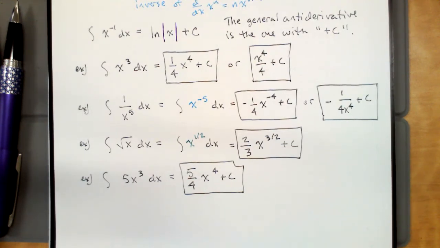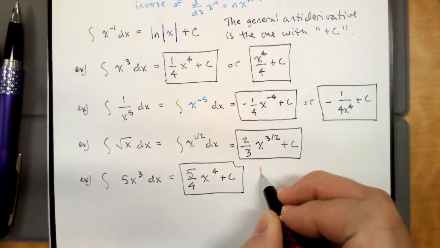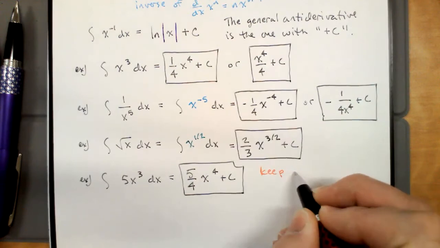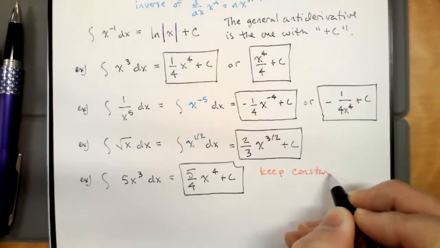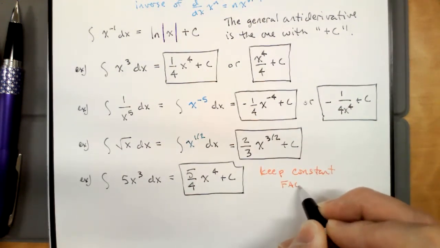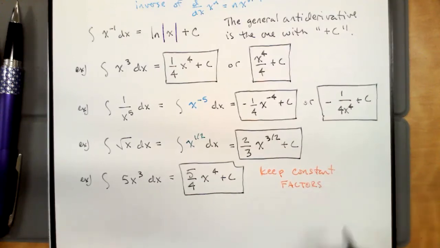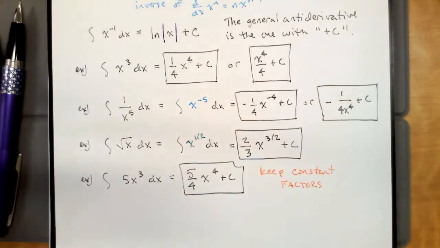The derivative of a constant times a function is that constant times the derivative of the function. So it makes sense that the integral of a constant times a function is that constant times the integral of the function. Keep your constant factors, just like derivatives.